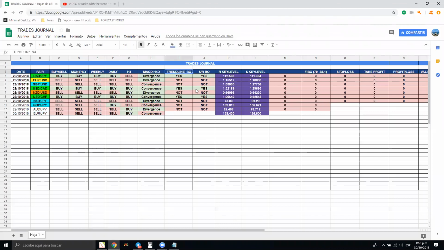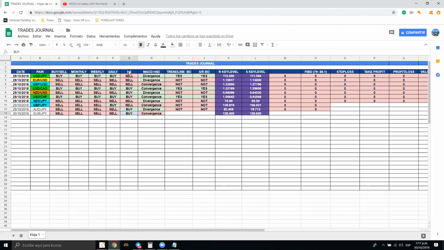Okay, so now we have our special resistance and support level or range. We understand convergence. The MACD is moving with all this market sentiment from weekly to daily. So this is a sure sell.